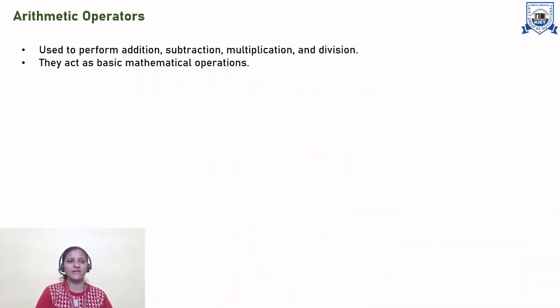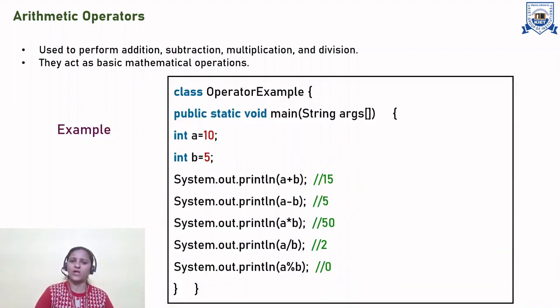Arithmetic operators, we all are aware of these operators, they perform addition, subtraction, multiplication and division. They act as basic mathematical operations. So we can take two variables a and b, 10 and 5, and then do the operations between them: a plus b, 15; a minus b, 10 minus 5, 5; a multiplied by b, that will be 10 multiplied by 5, it will be 50; a divided by b, that will be 10 divided by 5, 2; a modulus b will give the remainder.